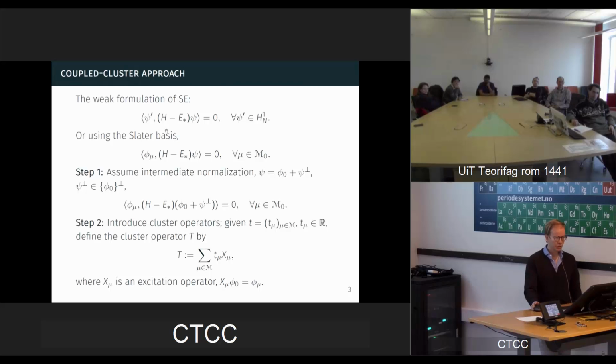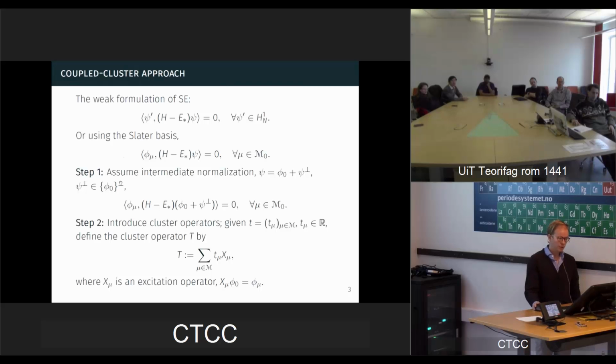But we have just constructed a Slater basis, so this can also be formulated in this way. So for all mu in the full multi-index set, which contains all determinants that make up our Hilbert space. This is the weak formulation using the Slater basis of Slater determinants.